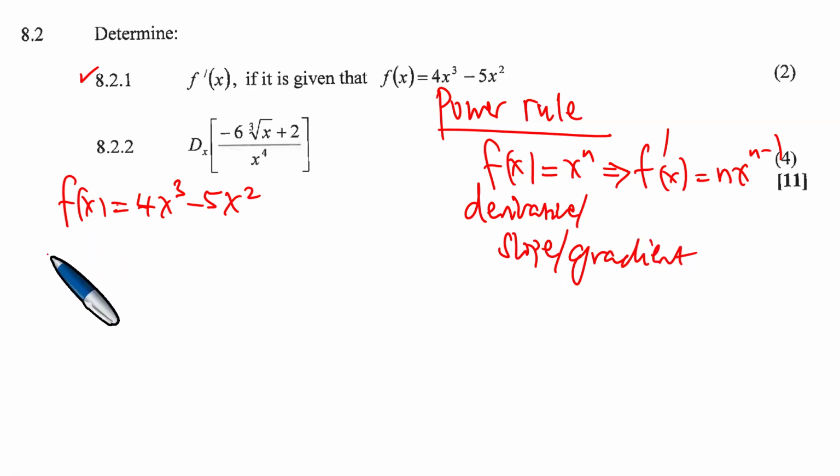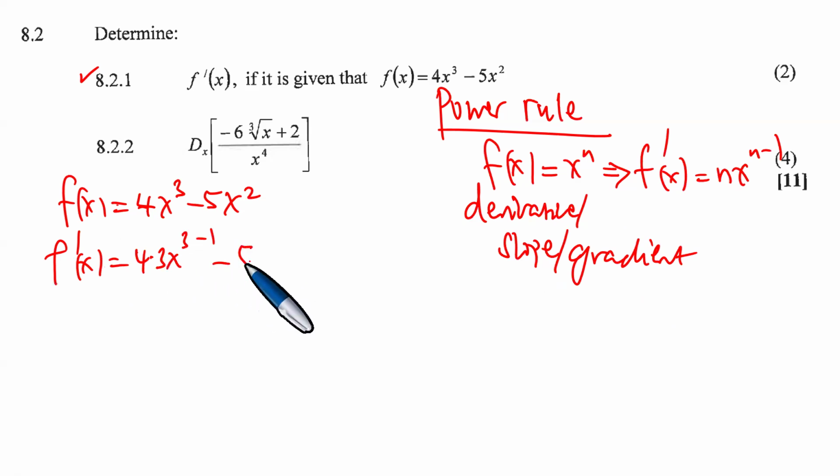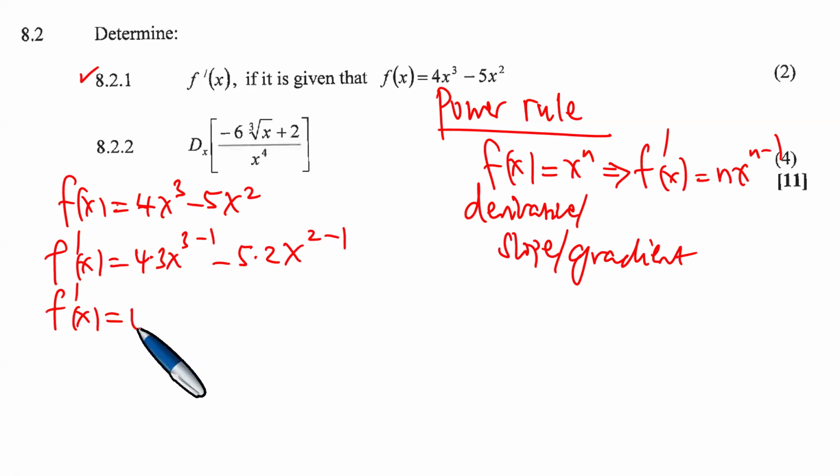Let's use it here. So f prime of x is given by 4 times 3x to the power 3 minus 1, minus 5 times 2x to the power 2 minus 1. 4 times 3 is 12x, and 3 minus 1 is 2. 5 times 2 is 10x to the power 1 minus 1.